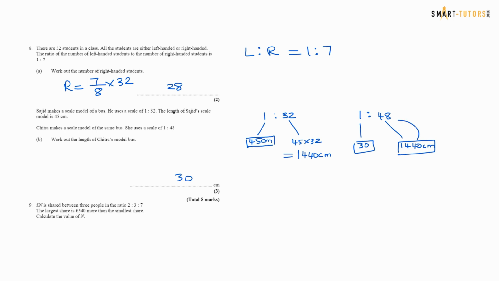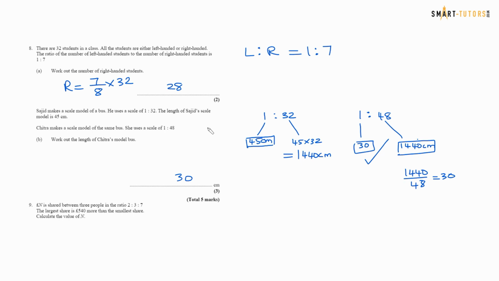So the ratio, what we are doing here, the ratio 48:1. So 48:1 means 1440 divided by 48, whatever the answer, need to be times by 1 is the model bus's length.